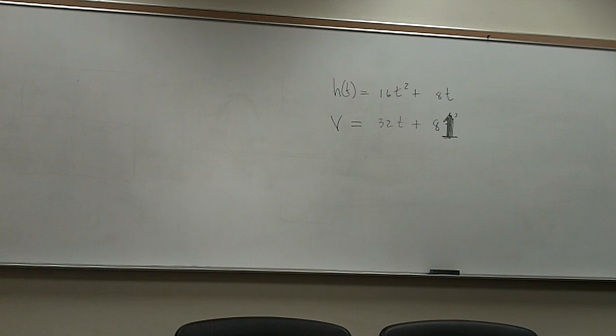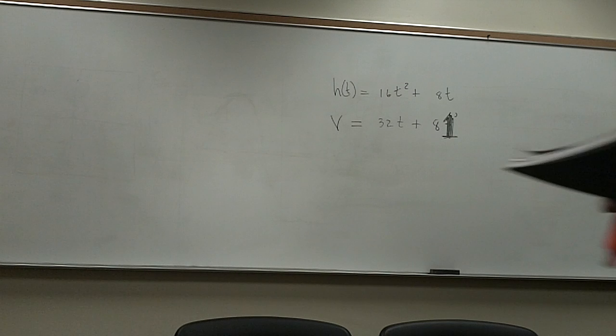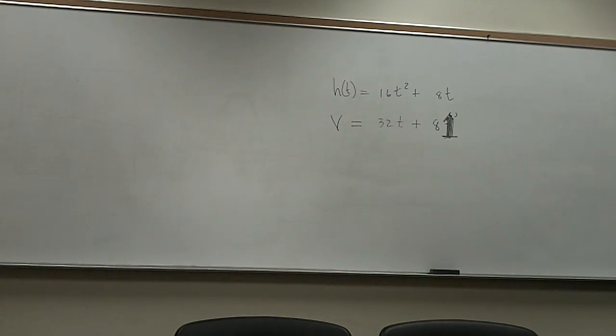If there was another number, like say it was 16t squared plus 8t plus 5 or whatever, could you still do it like whatever number it is? Yeah. You're just standing 5 feet higher than where you were to start with.